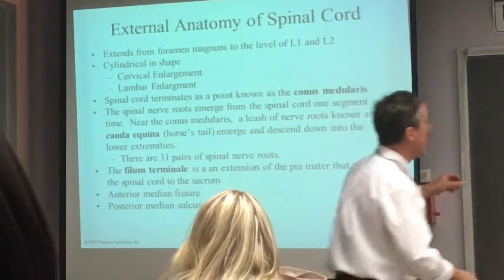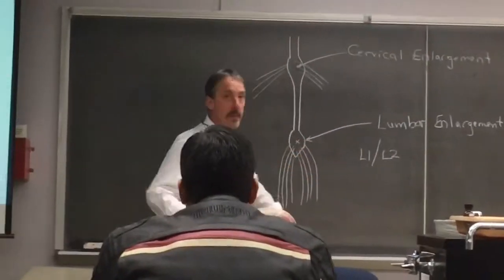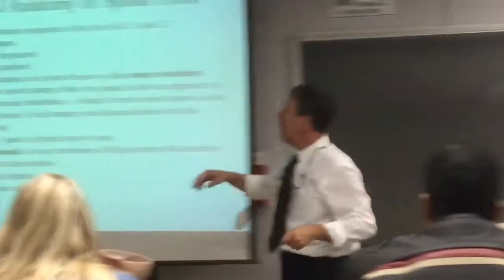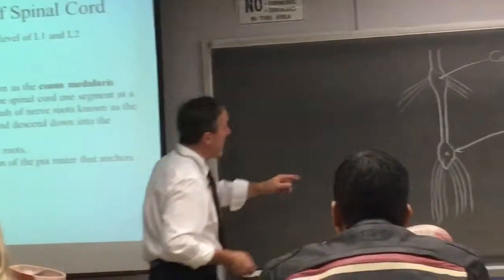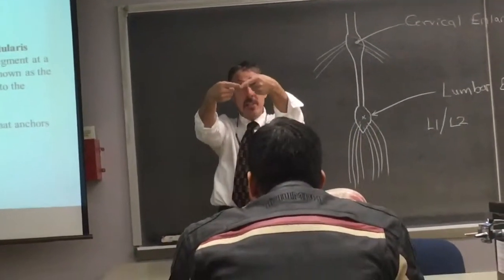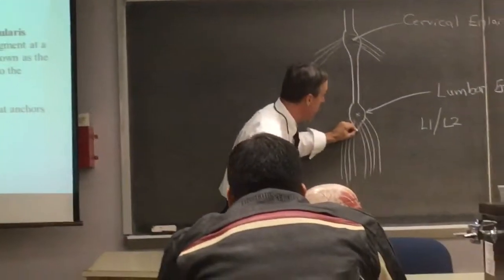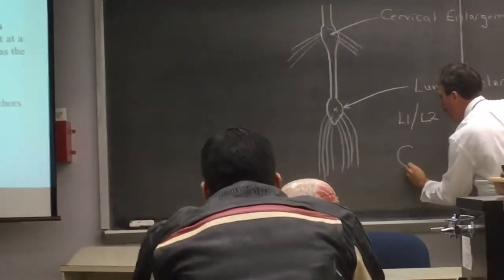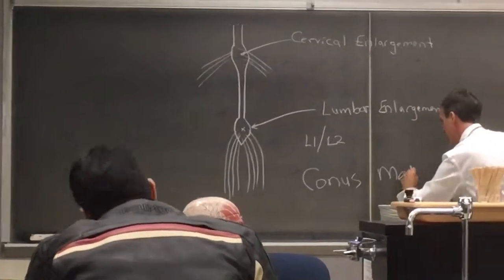So this is the lumbar enlargement, and again, it's going to give rise to all these nerves that come down to the legs. Now watch this, guys. This point right over here that ends the spinal cord, that has a name. This tip you're going to call the conus medullaris.